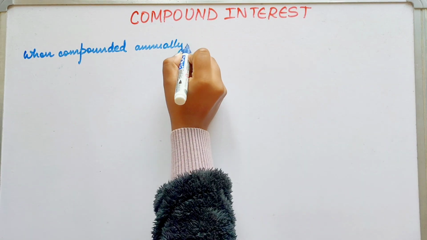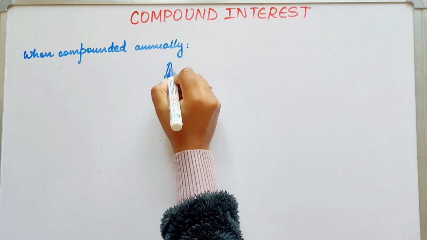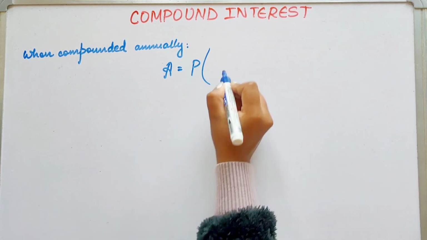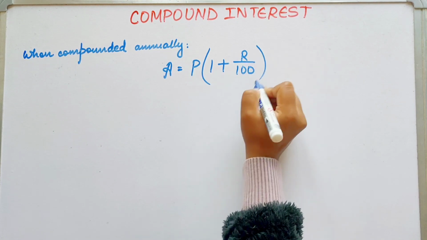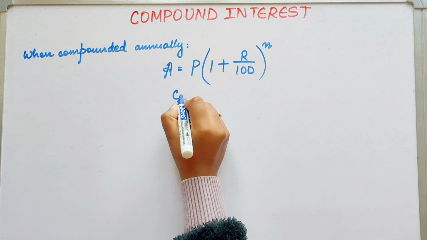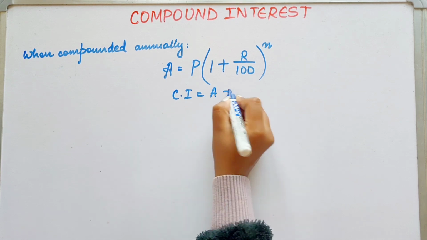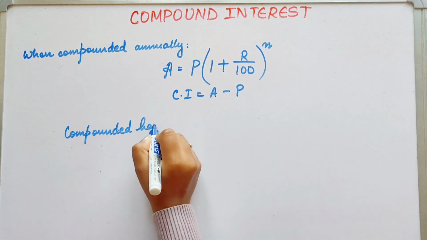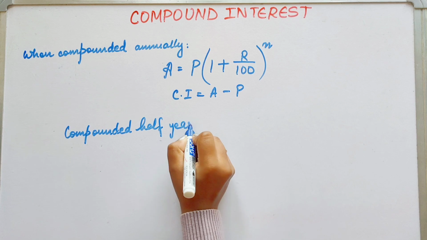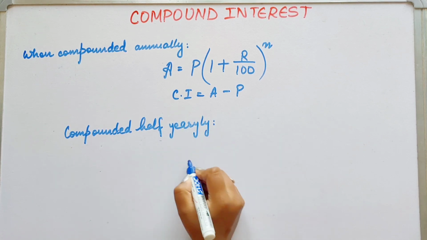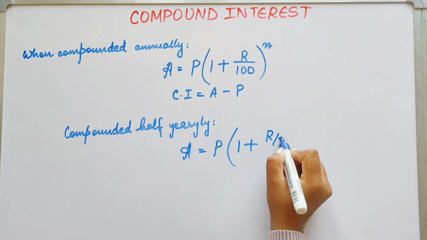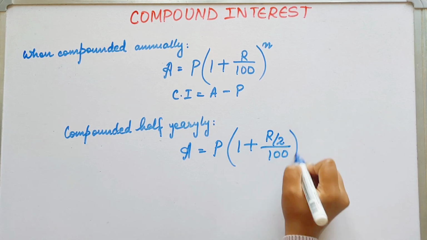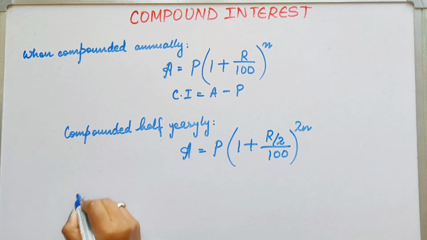When compounded annually, the formula will be amount equals principal whole 1 plus r by 100 to the power n. And compound interest will be amount minus principal. Compounded half yearly, amount equals principal whole 1 plus r by 2 into 100 to the power 2n.